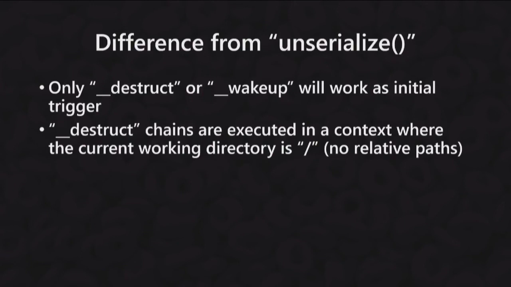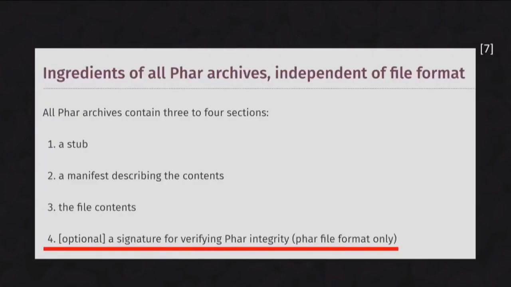And there's this unusual behavior with the destruct chains that for whatever reason, the object is garbage collected, I think probably after the rest of the application has run, but for some reason it has lost the context of the application. So any file operations that we do in that chain have to use absolute paths.